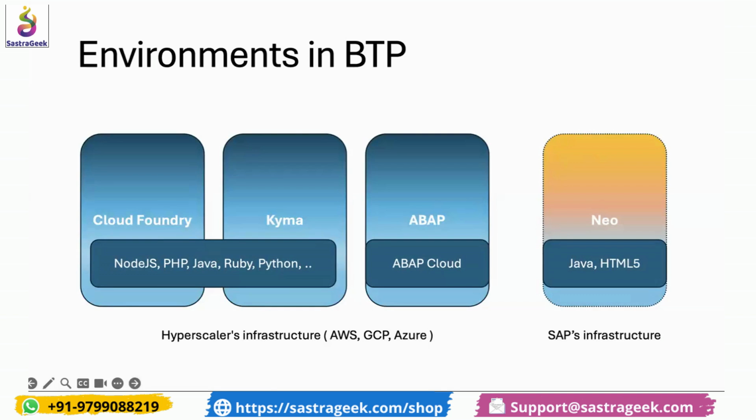It only allows Java development, HTML development, and it's based on the HANA database. It's not at all flexible. Because of that, SAP is set to sunset this project at the end of 2028. So we'll not discuss Neo any further.